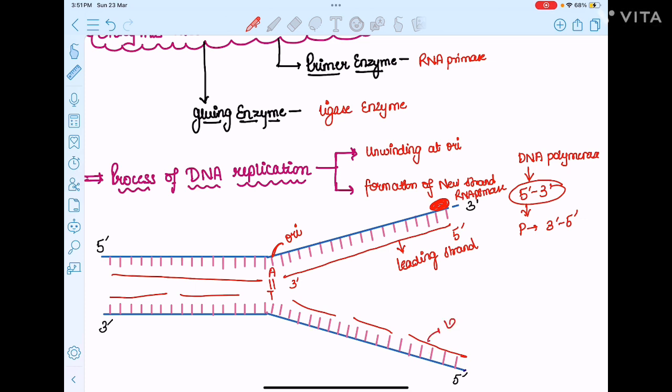This strand is known as the lagging strand, and it is much weaker than the leading strand, so it may need another enzyme to glue it up. These fragments are made up of 150 to 200 base pairs, and are known as Okazaki fragments.